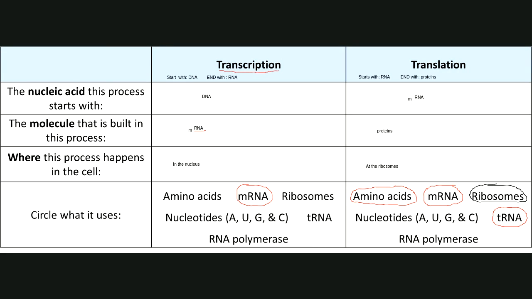Let's go back to transcription because we didn't quite finish up transcription. In transcription, we built RNA, and you kind of already told me this when we were talking about the library analogy, but when we build RNA, when we use the copy machine to copy the directions we want, what's the name of that enzyme again that helps me to make my mRNA?